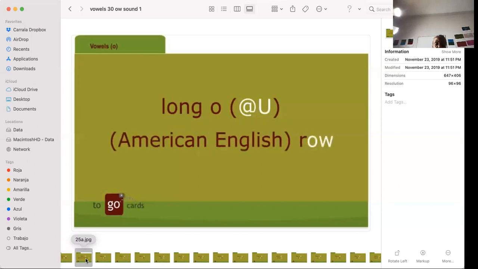American English row. Row is a line of something. Let's say a row of chairs, a line of chairs, one directly behind another, row. The British also say row, but for the British, this is a homograph because ROW has two distinct pronunciations.